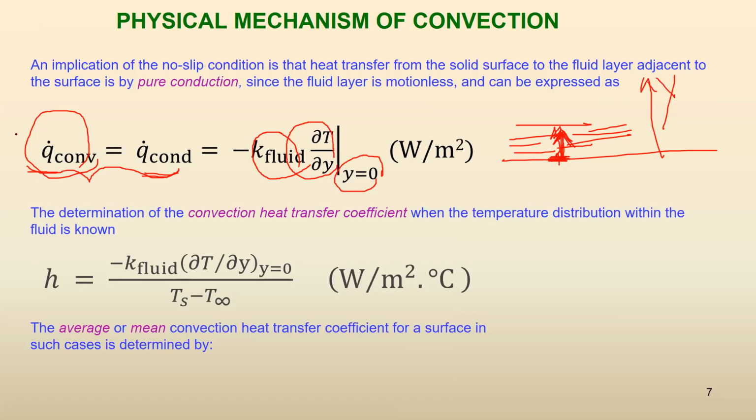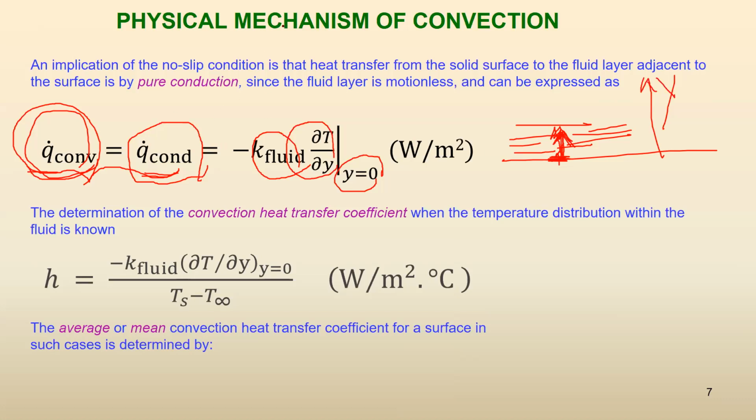So convection heat transfer is equal to whatever we get at the surface, right? At the surface, the heat transfer is actually conduction and is calculated according to this equation. You remember that negative sign times k of the medium times the temperature gradient at that point. Here, the temperature gradient is the temperature gradient of the fluid right at the surface.